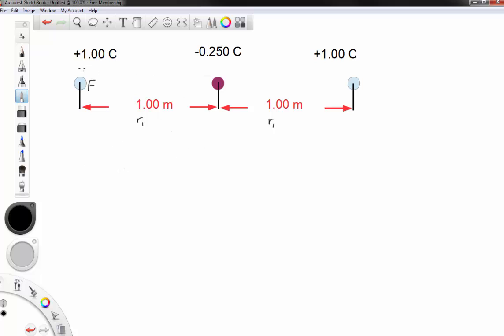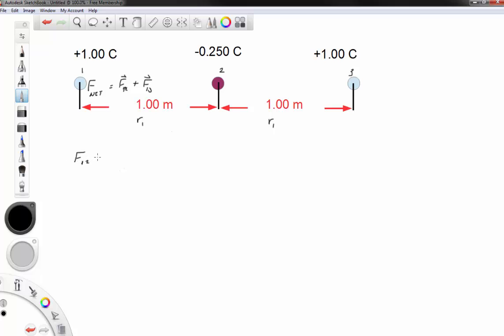So let's call this particle 1, this particle 2, this particle 3. So F net is basically going to be F12, the force on 1 due to 2, plus F13, force on 1 due to particle 3.